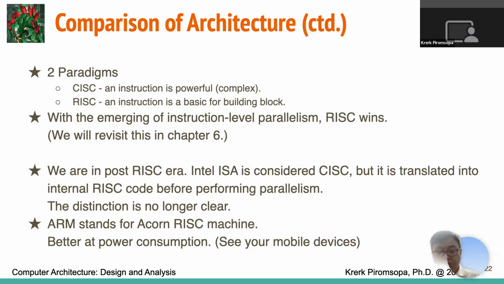So again, two paradigms: complex instruction set and reduced instruction set. Now, reduced instruction set is better. Intel was a complex instruction set, but now it's dynamically translated inside. ARM, the instruction set that you use on your mobile and the one that Apple uses, is actually Acorn RISC Machine, ARM.